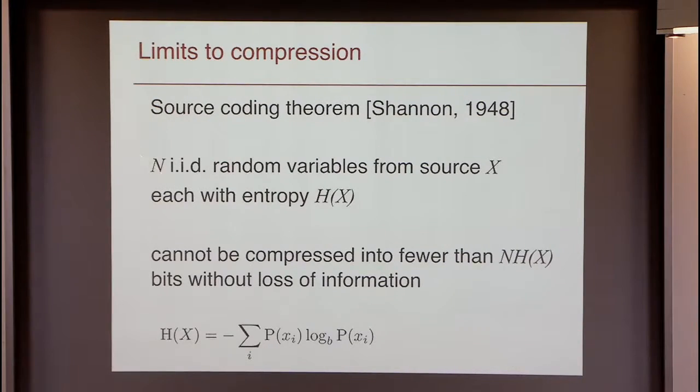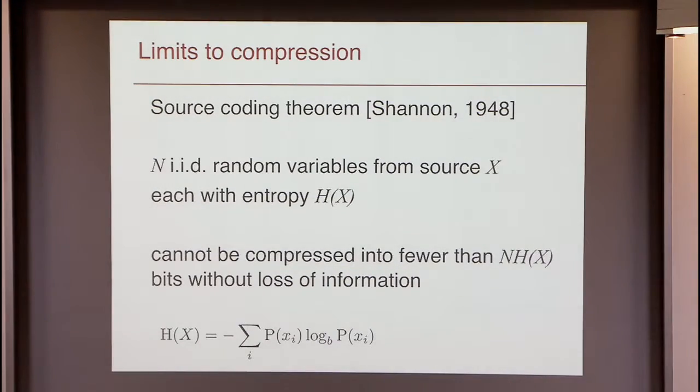So if we have n random variables from some source, and each of those variables has a given entropy, H(X), which is just Shannon entropy. It's basically a measure of the surprisal of an observation. How different is it from all the other observations coming from that source? If we have n of those, they cannot be compressed into fewer than nH(X) bits without loss of information.